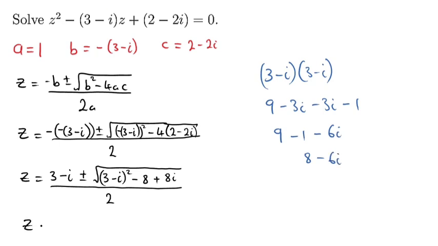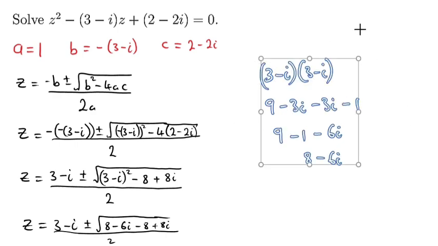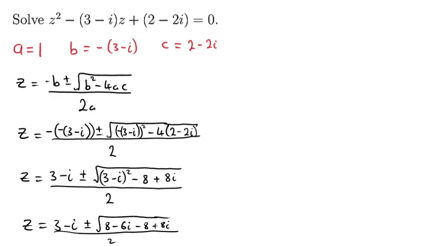So z is equal to 3 minus i plus or minus the square root of, so this squared simplifies to 8 minus 6i minus 8 plus 8i. Remember, all this is over 2. So if that's the case, this means that z is equal to 3 minus i plus or minus.